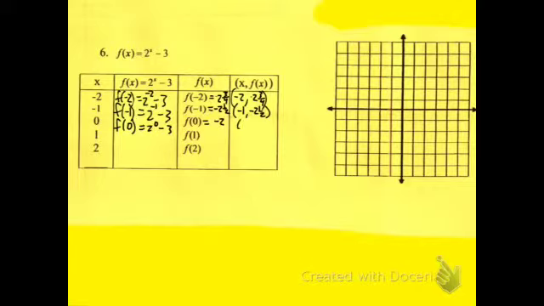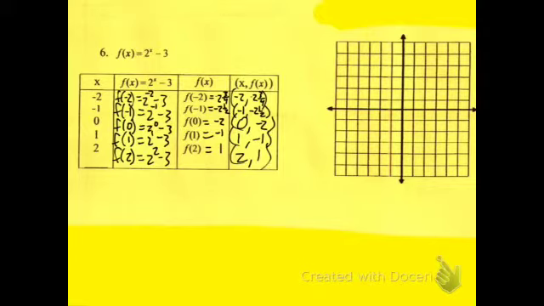So you have the point 0, negative 2. Next item, f of 1. Put 1 in for the exponent on 2, because it's 2 to the x power. 2 to the first is 2, minus 3 is negative 1. So you get the point 1, negative 1. And then the last one, plug in 2. You got 2 to the second power, which is 4, minus 3. Gives you positive 1, so you get the point 2, 1.